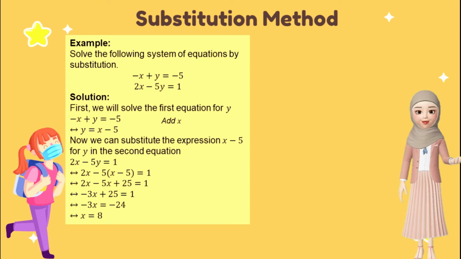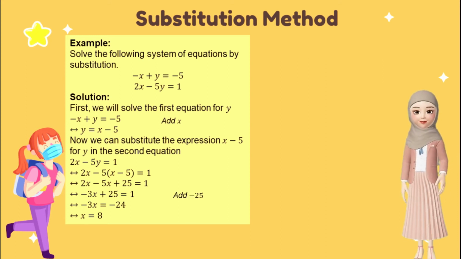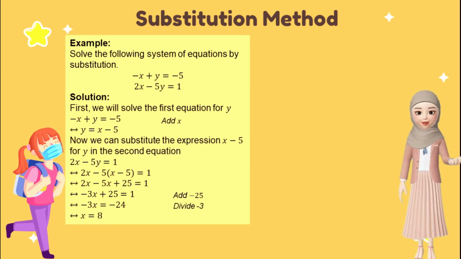So, we get minus 3x plus 25 equals 1. Add minus 25 to both sides, we get minus 3x equals minus 24, and divide both sides by minus 3, we get x equals 8.